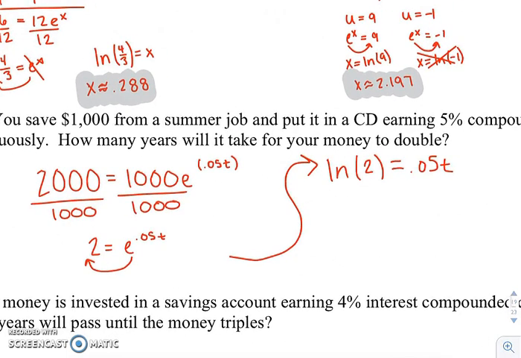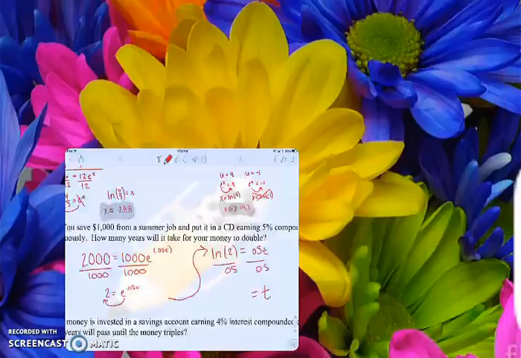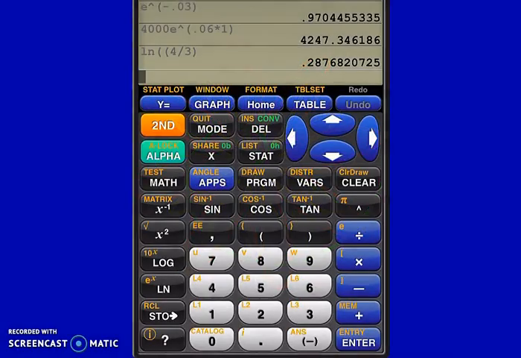You could type natural log of 2 in, or the next step would be to divide by 0.05, and whatever that gets you is your t. So we can do that in the calculator: natural log of 2 divided by 0.05.